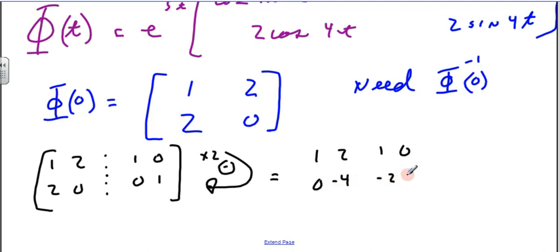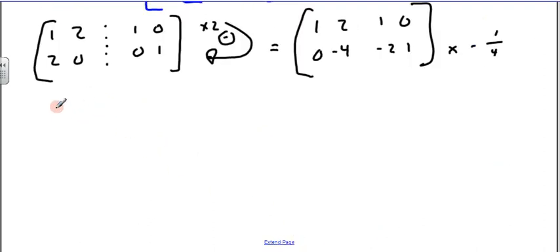Minus 2, 1. Okay. Then we're going to do a times minus 1/4. Okay, and we got 1, 2, 1, 0, 0, 1, 1/2 minus 1/4.